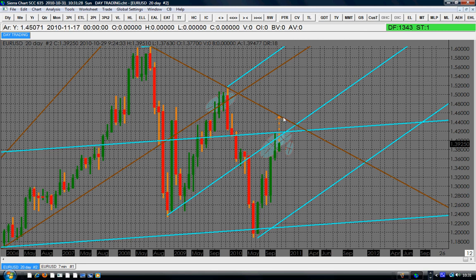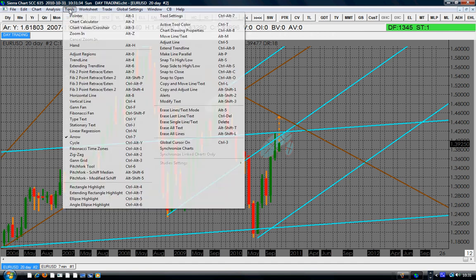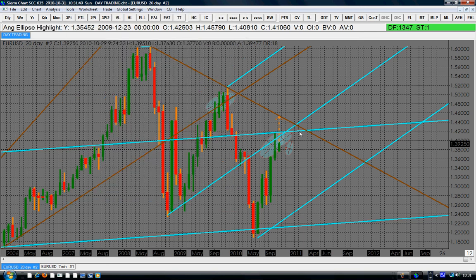So the euro may come up to the region of 14400. So we have a second hotspot zone on this 20 days monthly chart of euro USD, indicating the general picture of the stock market. This second hotspot zone is in the region of 14400 up to 14600.